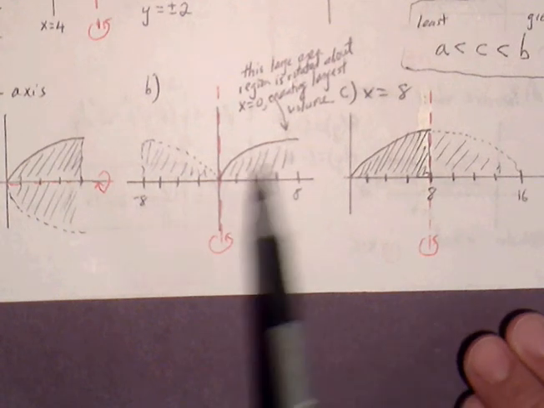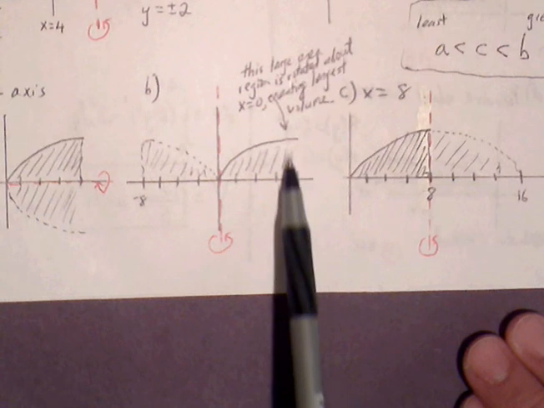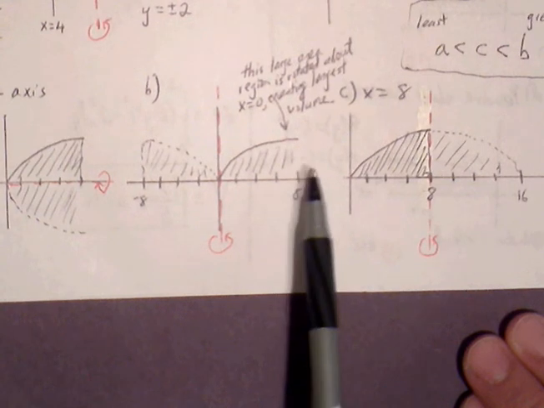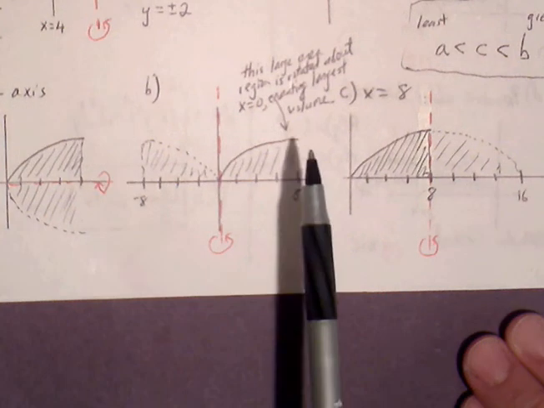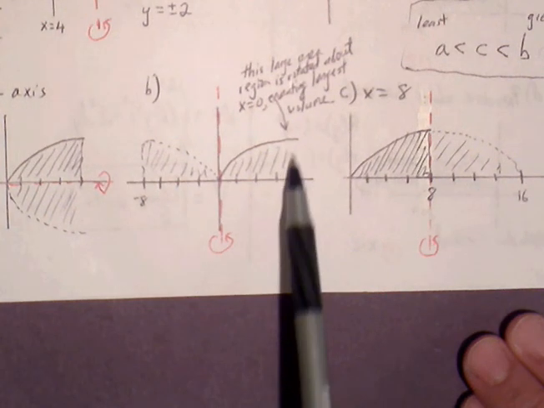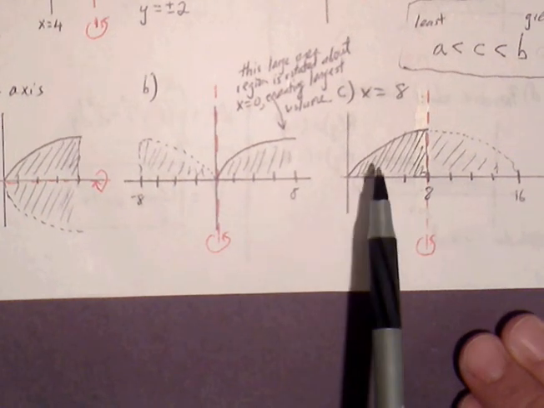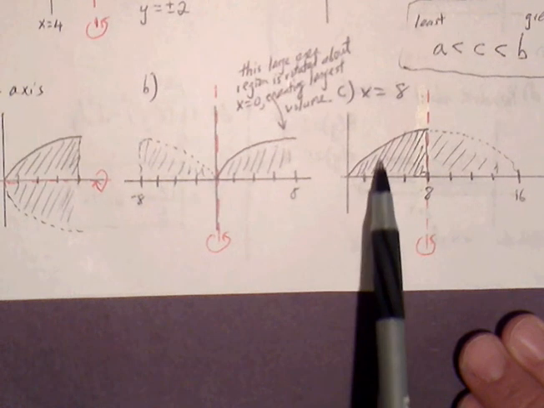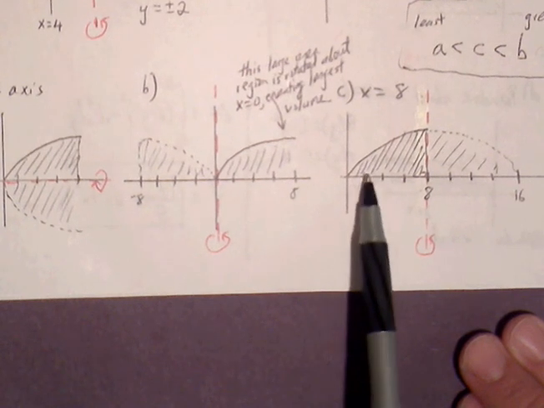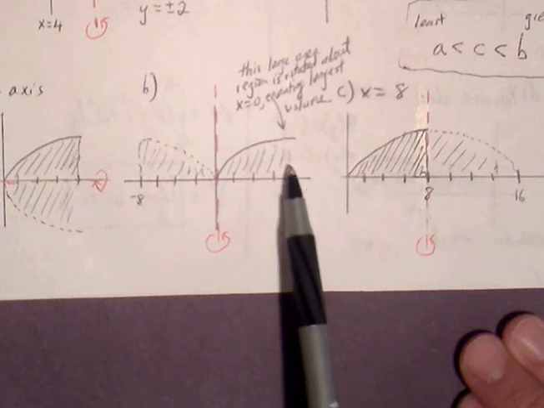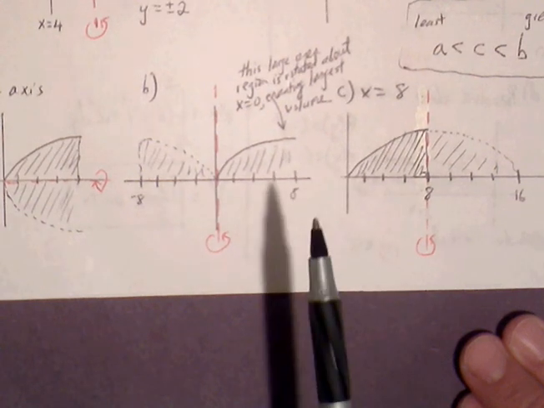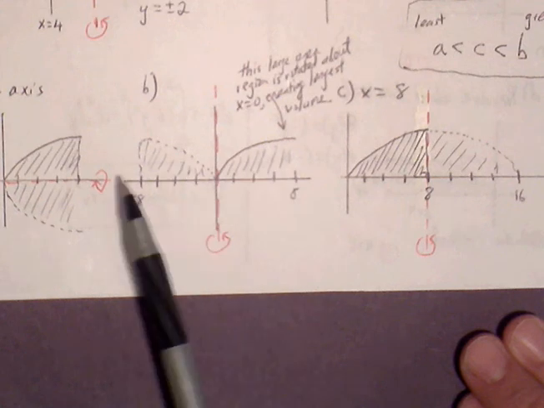The reason why is because we're revolving this portion the furthest distance away from the axis. So if you compare this with part C, you see that we are rotating something small versus something here that is much larger, across a much larger distance.